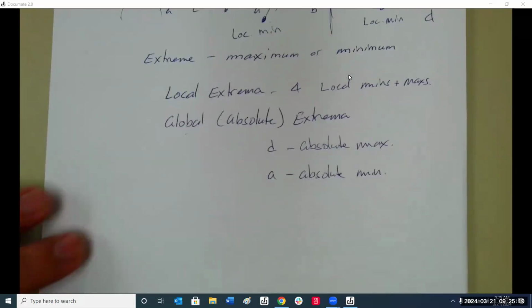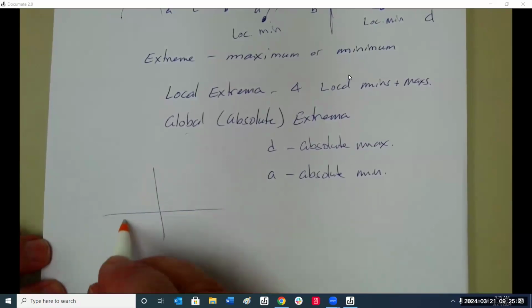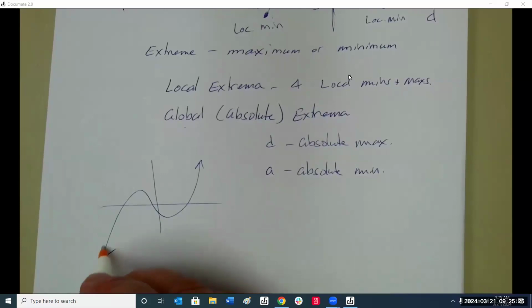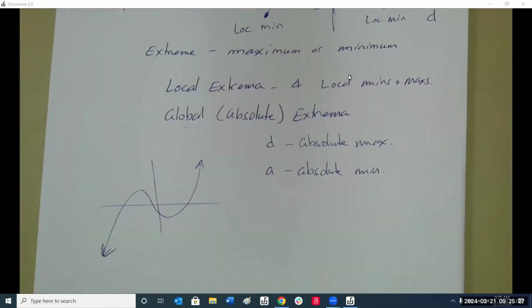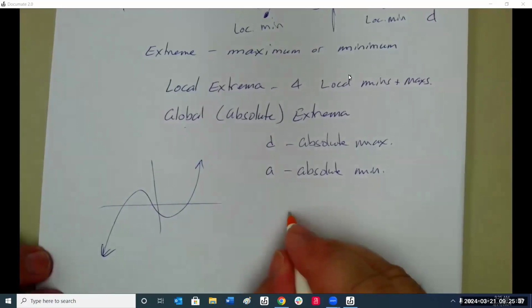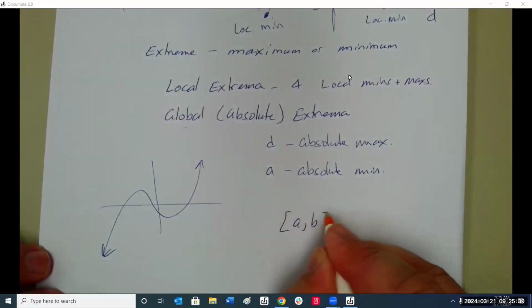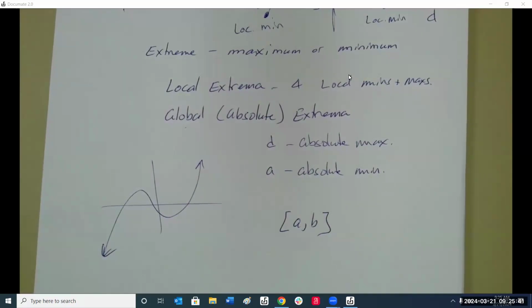In other words, can a graph look like this? No. Because the first thing I said was we have to be in a closed interval. It cannot go to infinity. It has to be on a closed interval. Has to be continuous.